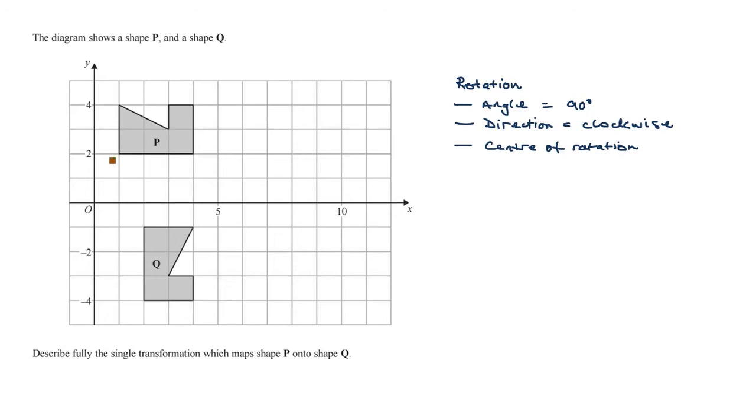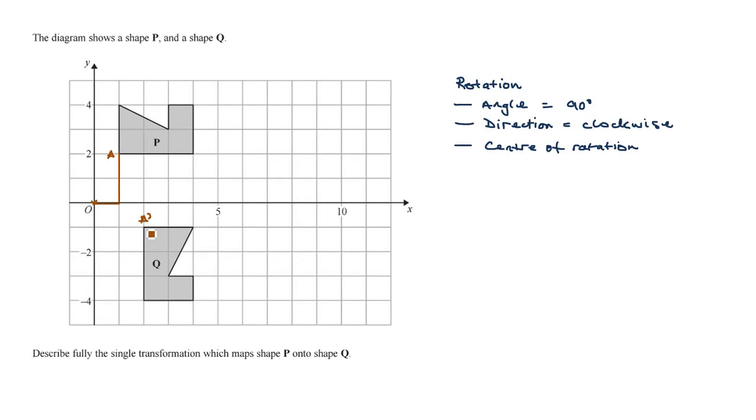Well, the easiest point to pick is this one here. So I'm going to call this A. So this would be A prime. Okay, so if I want to get to A, I would go along from the origin here until I'm under point A, and then I'd go up to A, so vertically up to A like that.